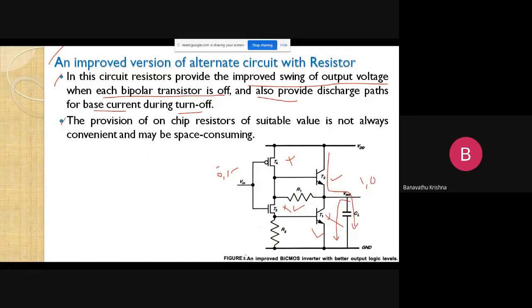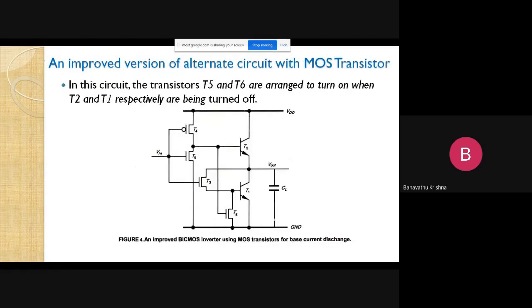And the next point: the provision of on-chip resistors of a suitable value is not always convenient. It may occupy a space, consuming a large excessive area. This is the drawback here. Next, let us go for the improved version of the BiCMOS inverter circuit instead of resistors. This is another improved version of the alternate circuit with MOS transistors.